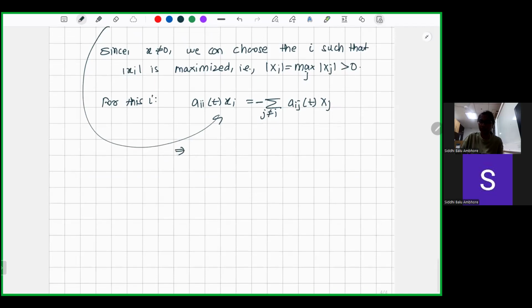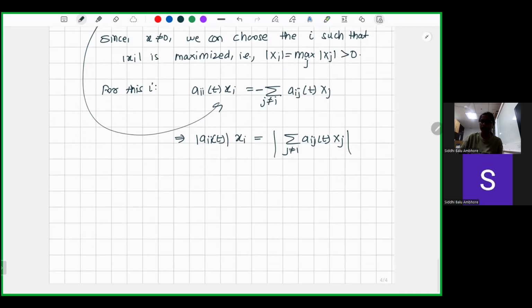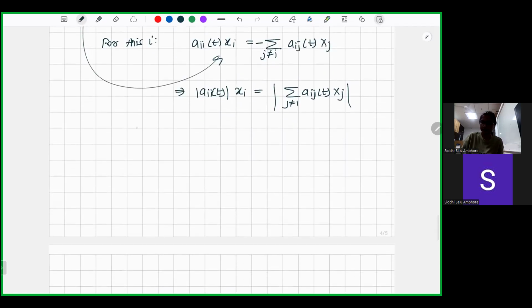And so this will imply that the modulus of a_{ii}(t) x_i will be the modulus of minus the sum over j not equal to i of a_{ij}(t) x_j.